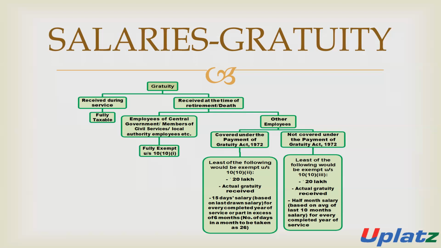Number two, actual amount of gratuity received. And number three, half month salary, calculated on the basis of the last 10 month average salary for each completed year.